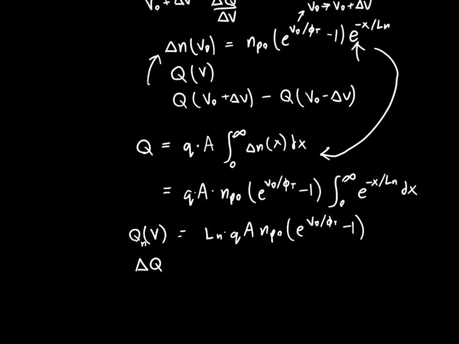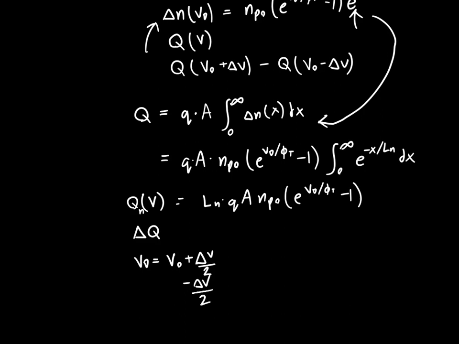So we need to take the charge at two different voltages, ideally two different voltages that are pretty close together. So we're going to say that VD is equal to V naught, and we're interested in evaluating it at some plus delta V over 2 and some minus delta V over 2.